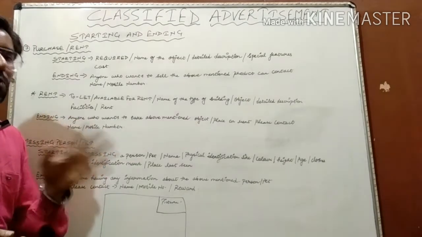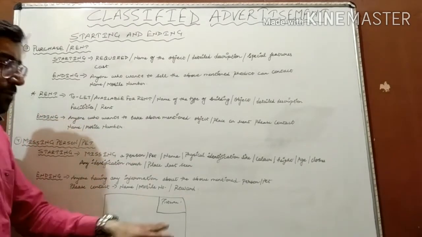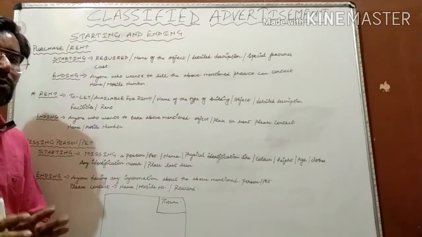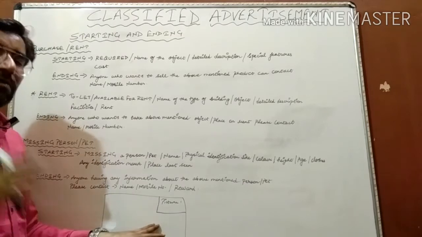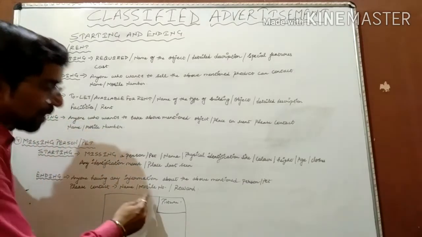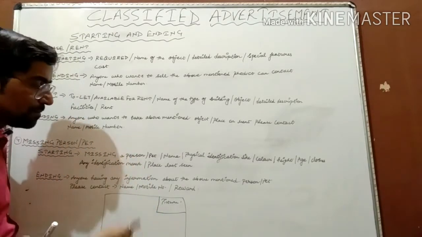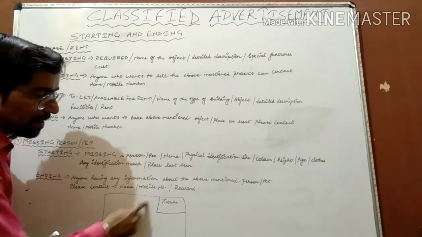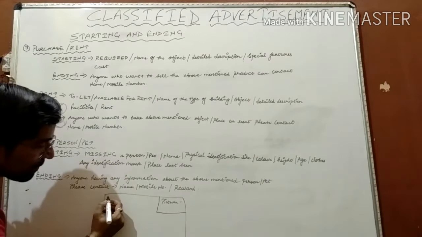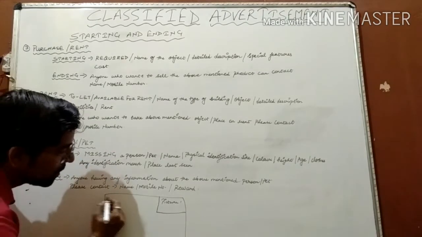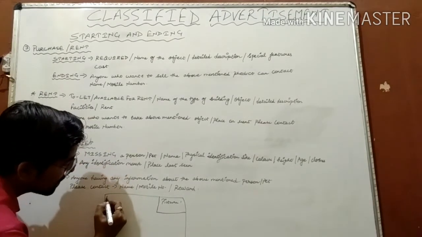A cat should not look like a dog, or a man should look like a man, not like a cat. So remember this, and you have to make a small column in it, as I have made here. In it you have to draw a picture, and from here itself you have to start writing your advertisement content like this.